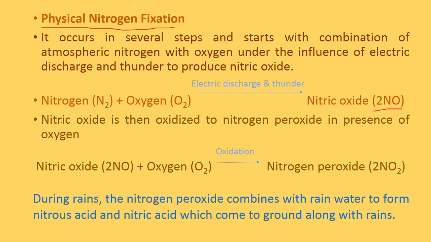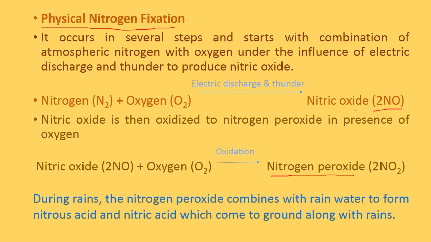Now in the second step, this nitric oxide is oxidized to nitrogen peroxide in the presence of oxygen. Again, in the presence of oxygen, this nitric oxide gets oxidized and forms nitrogen peroxide. So see here, 2NO2 will be formed. This is different from nitric oxide.